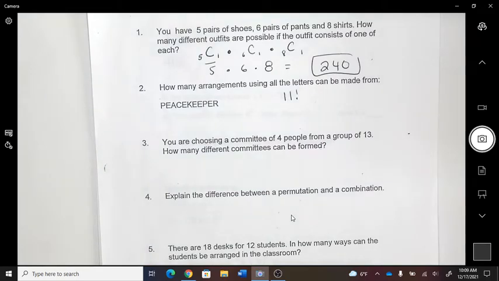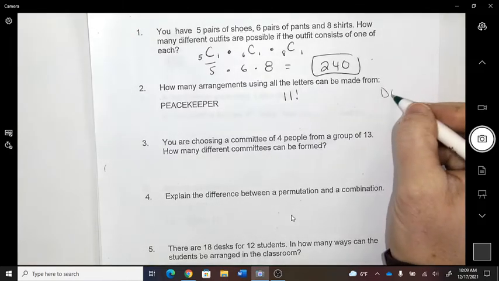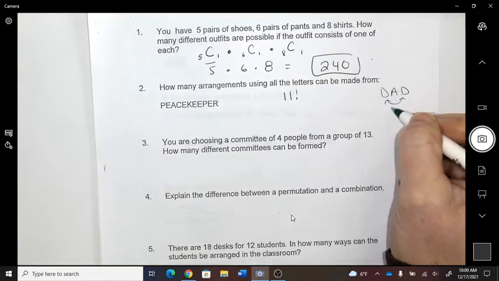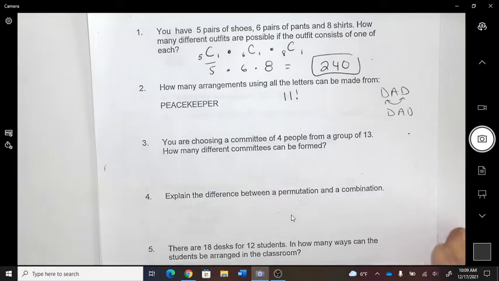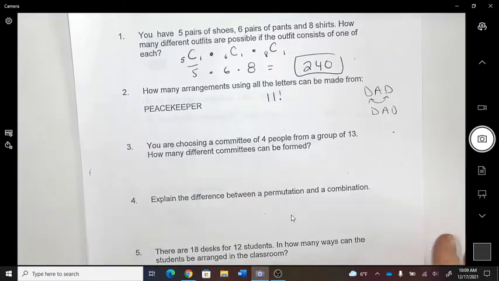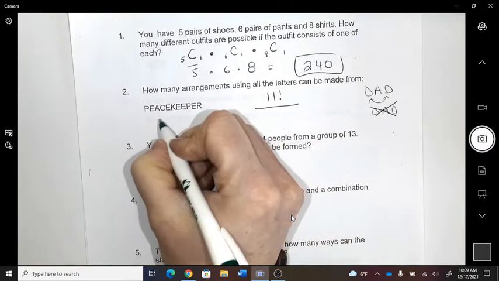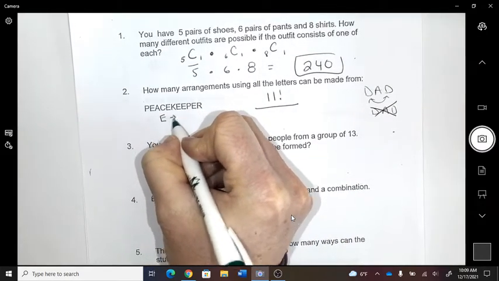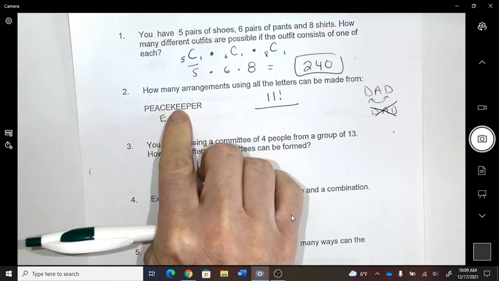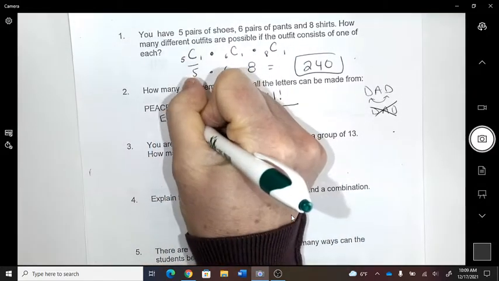But this is like when I talked about dad, and then moving those letters is another arrangement, but it looks the same. So we're going to cancel the arrangements that would be the same. So how many E's do I see here? 5 E's?